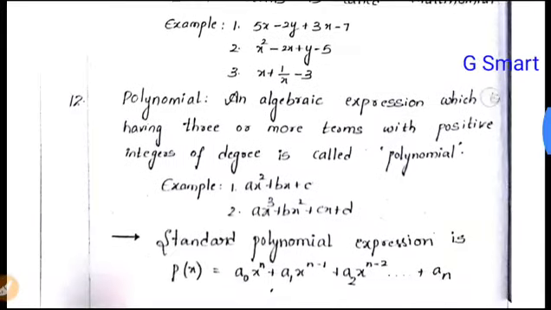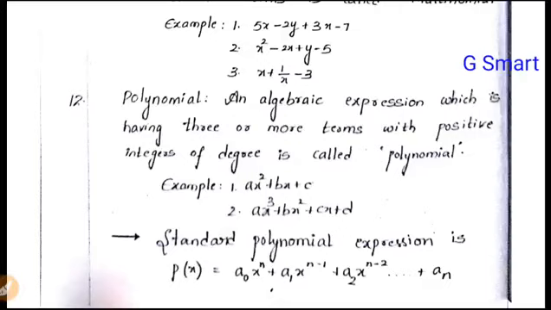Then only it is called polynomial. Example: ax square plus bx plus c where a not equal to 0 is a standard quadratic polynomial. Ax cube plus bx square plus cx plus d where a not equal to 0 is a standard cubic polynomial.